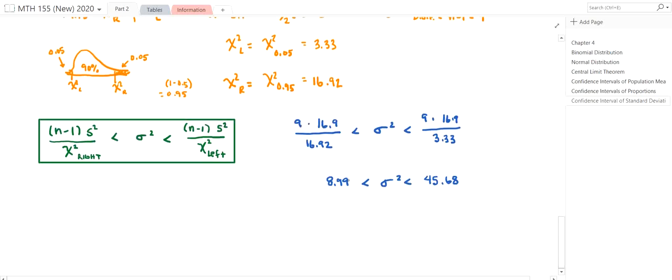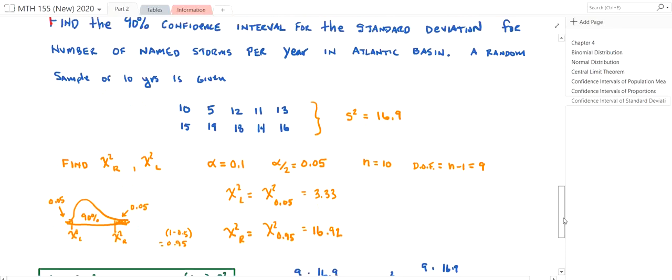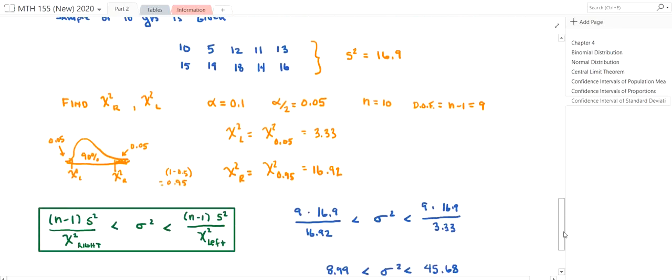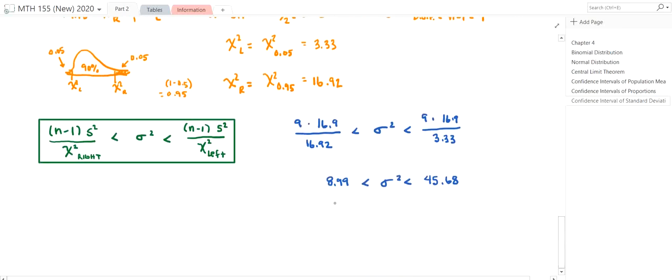So we're 90% confident our variance lies between 8.99 and 45.68. Okay, well, I asked you for the standard deviation.